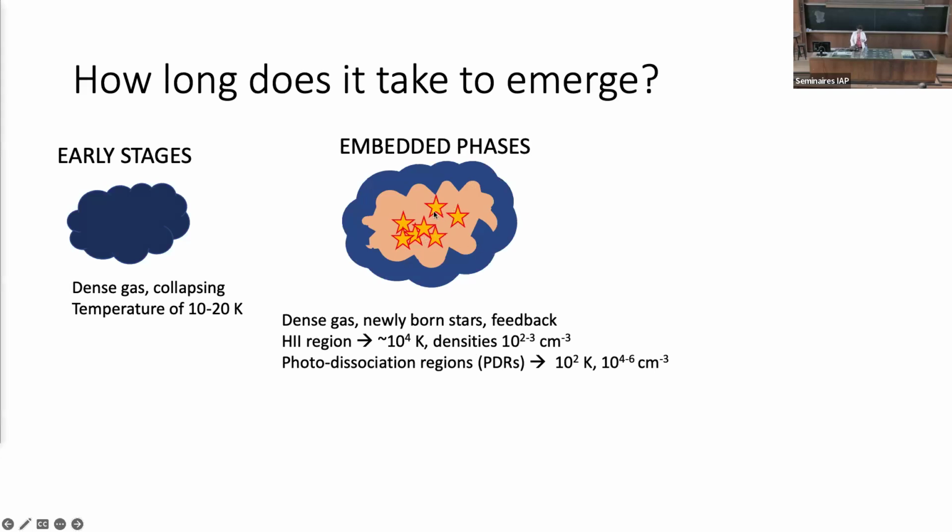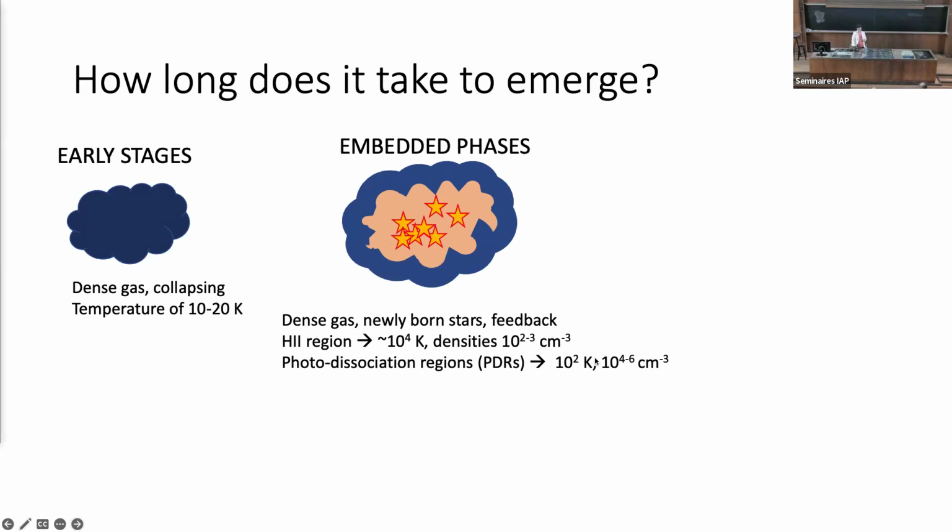Then we know that within them we have stellar cores, stars start to reach the main sequence, they start to ionize, but they are still deeply embedded, and they are surrounded by a photodissociation region with different conditions from an HII region.